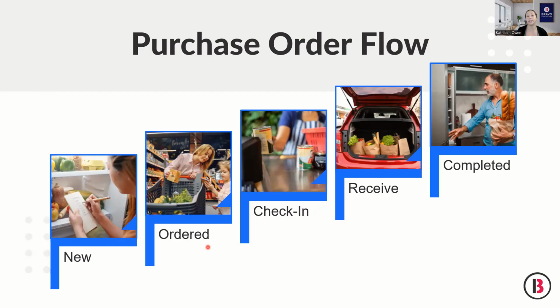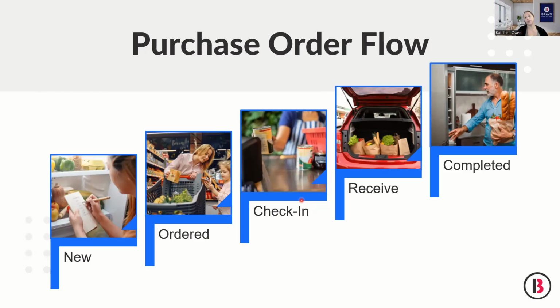The use case for it inside Bravo is just letting everyone on your team know, hey, this purchase order has been put through to the vendor. After that, we have our check-in process. So at this point, as stuff starts showing up to your store, you're going to scan it in and check those items in.